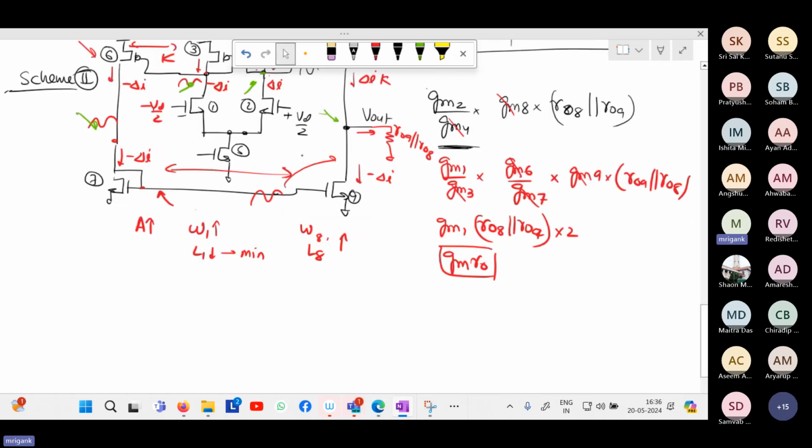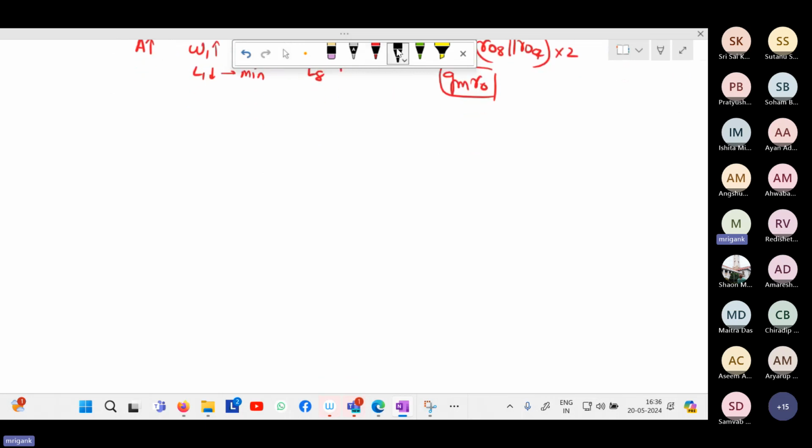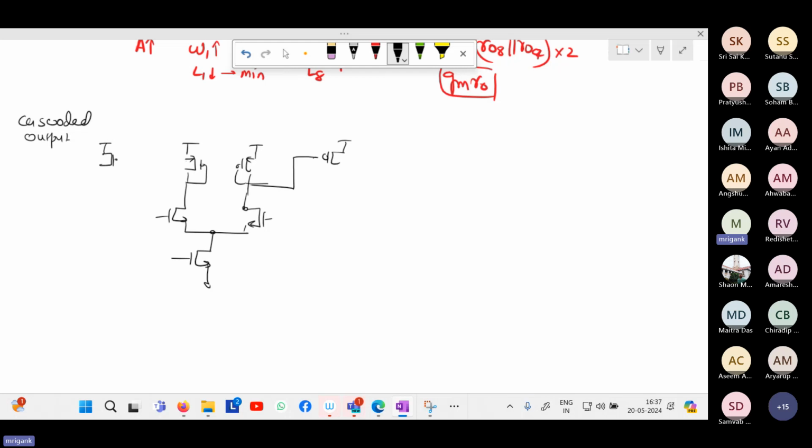So one way is to use a cascoded output stage. Let us see how we cascode.